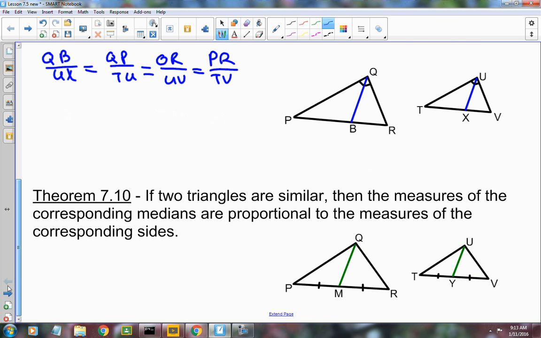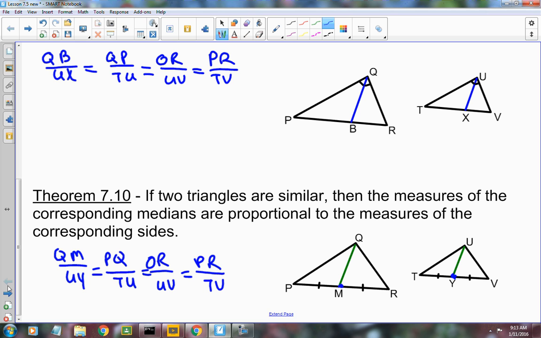Now let's look at this last one. What are these guys? These green lines. These are medians, right? Because the median goes from a vertex to the midpoint of the opposite side. And your medians are proportional to a pair of corresponding sides. So I can set up a proportion. QM is to UY as PQ is to TU, or QR is to UV, or PR is to TV.